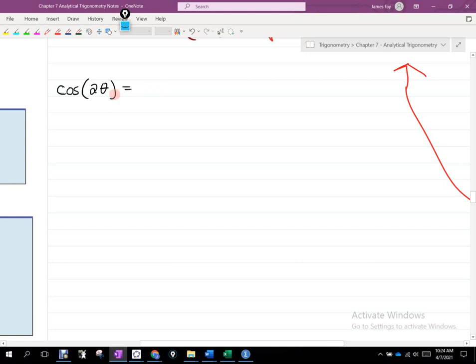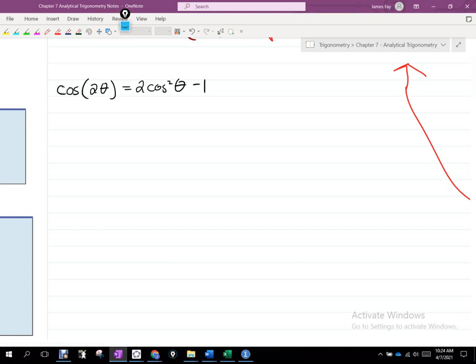Well, now I'm trying to find the cosine half angle, so I need to use one of the three formulas for cosine double angle that uses cosine. So we're going to use this one. That's an alternative variation of our cosine double angle.